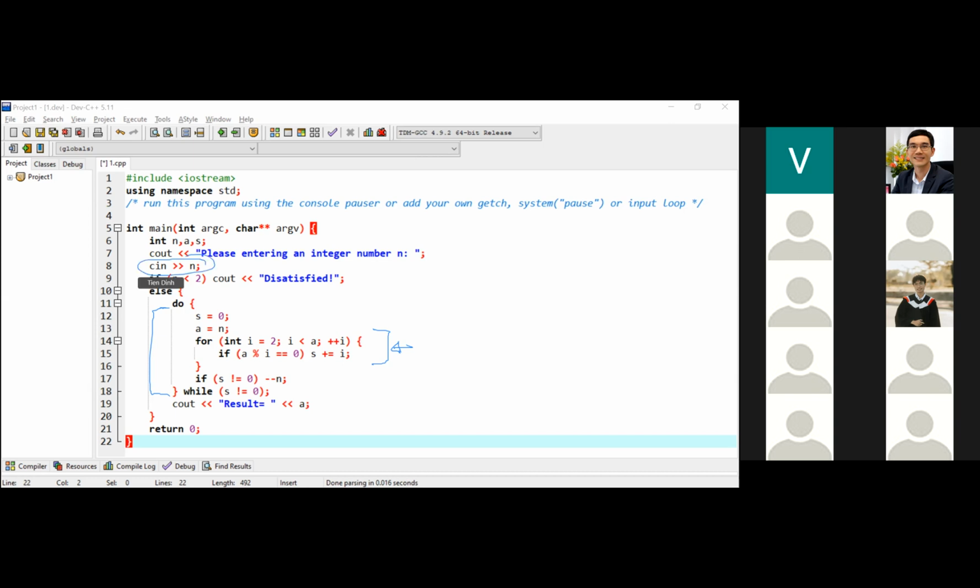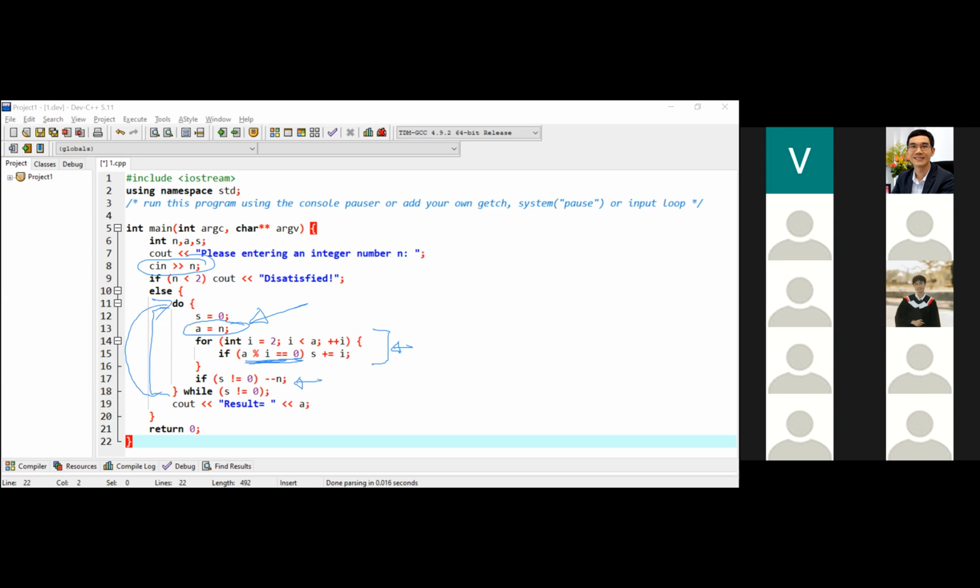And then he assigned n to a, and he checked if a is a prime number or not. If a is not a prime number, he reduced n, and then going up and repeat.